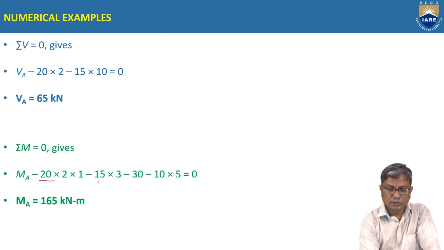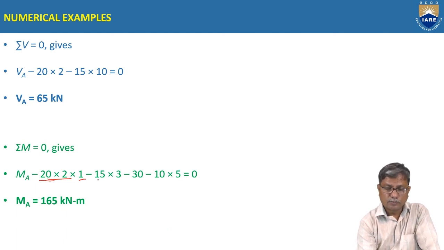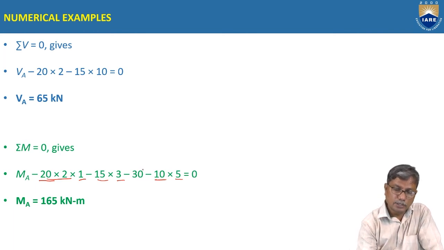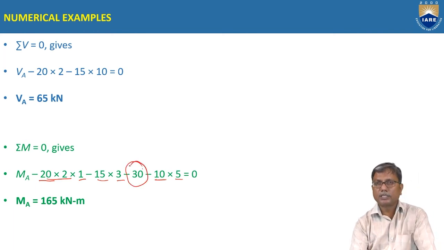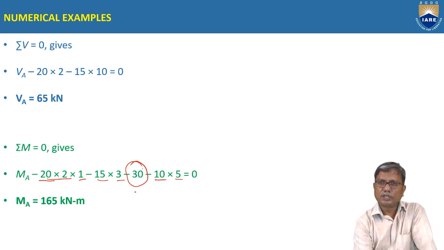For the UDL, 20 into 2 into its distance 1, and point load 15 into its distance 3, and point load 10 into its distance 5. And coming to this couple, that is already a moment, so we just take that value with the sign, because the moment is clockwise, that is taken with negative sign.